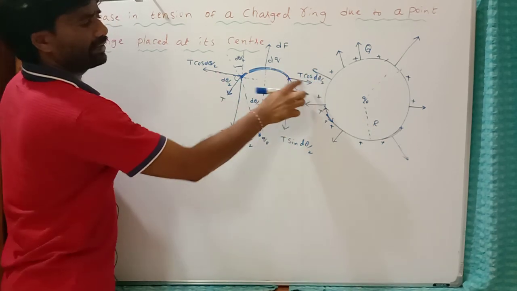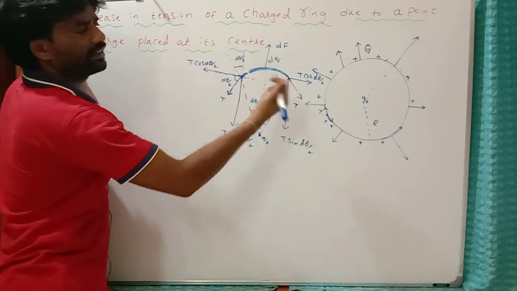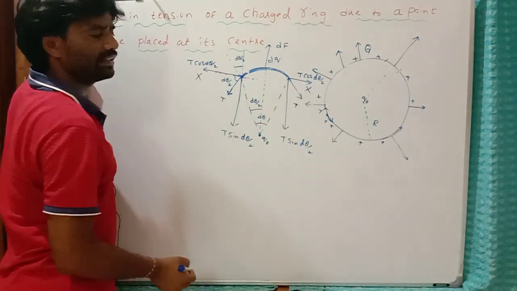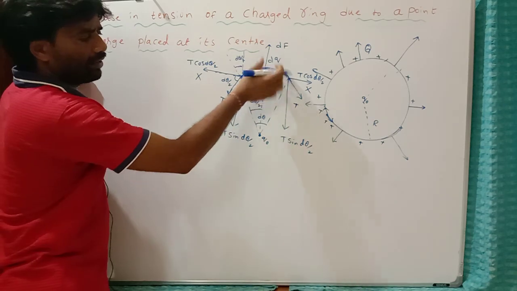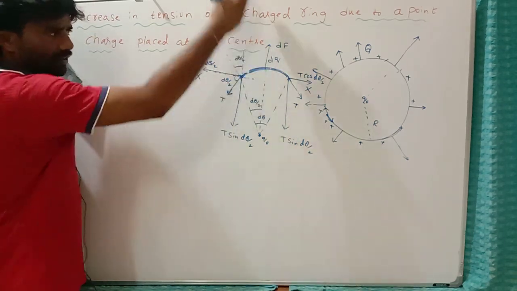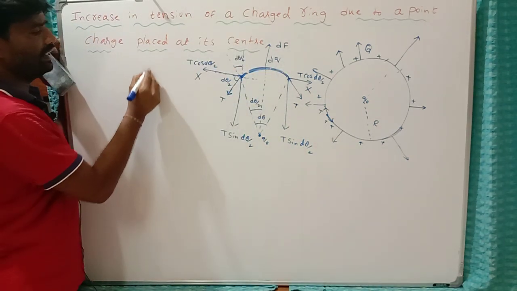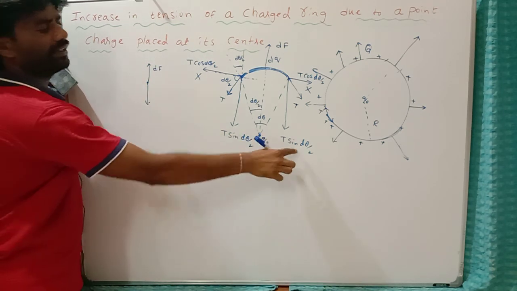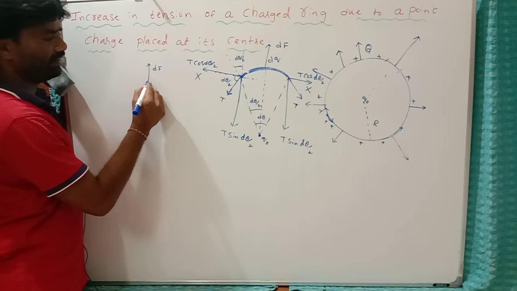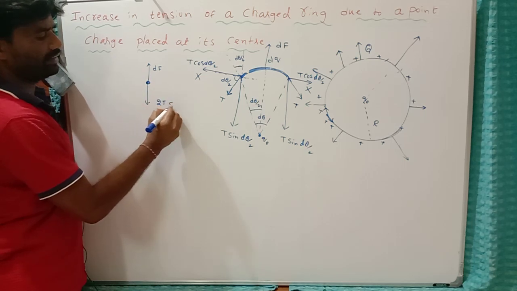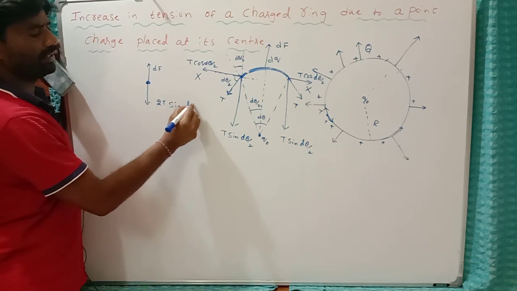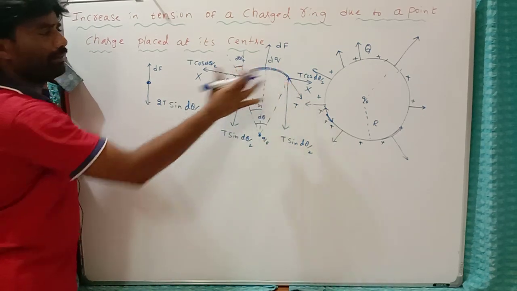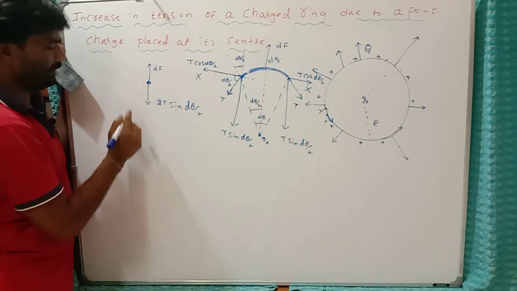On the same element, these two components have the same magnitude and opposite direction, so they cancel each other. Remaining along this direction you have dF, and in the other direction these two components, that means 2T sin d theta by 2. Since it is in stable equilibrium, these two are equal.